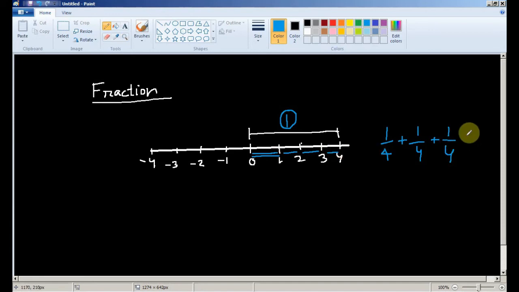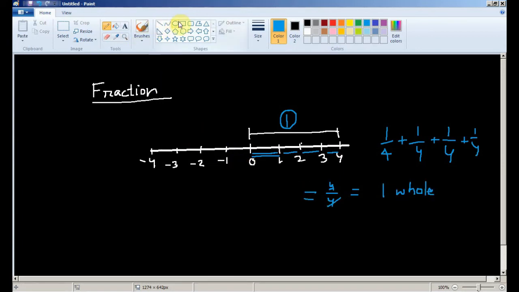This part is another 1 by 4. Together they make 4 by 4 equals 1 whole. So that's simple. That's the idea behind it.